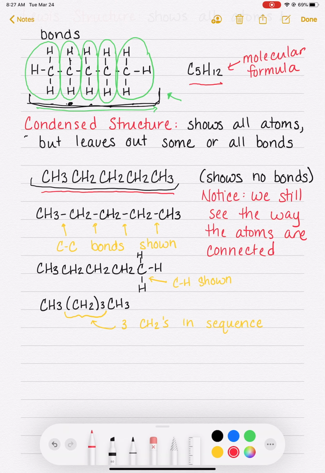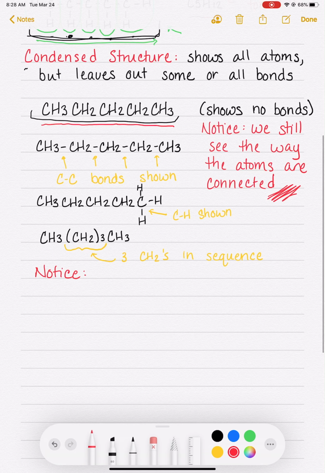The bottom line is, with a condensed structure, we have to write the atoms in a way that reflects how they are connected in the molecule. So this point right here, we still represent the way that the atoms are being connected. And the other point with this is that there's no actual rule about how you draw a condensed structure.